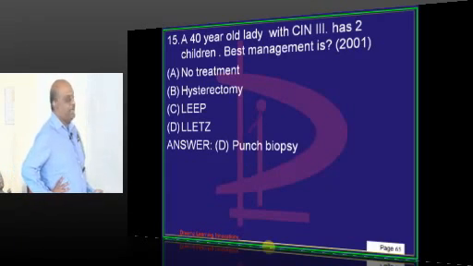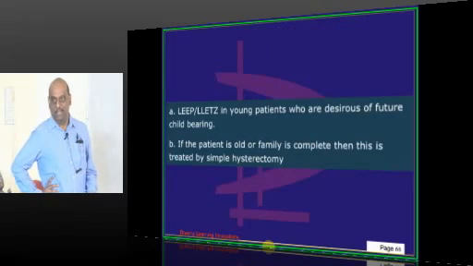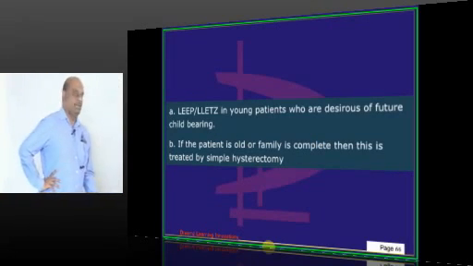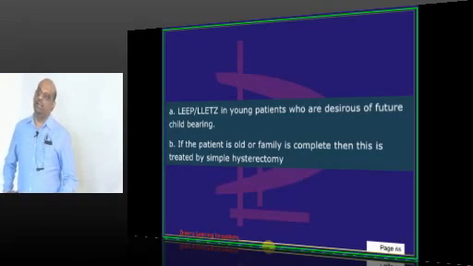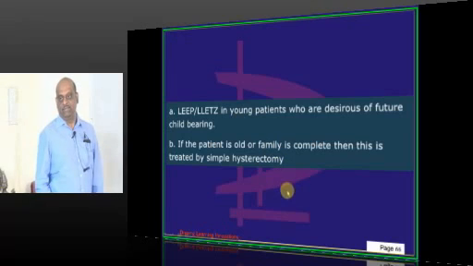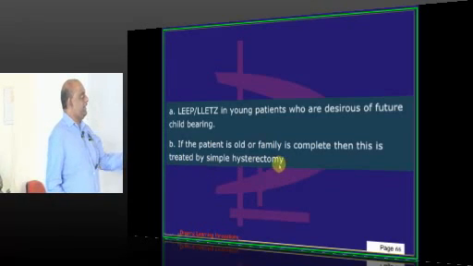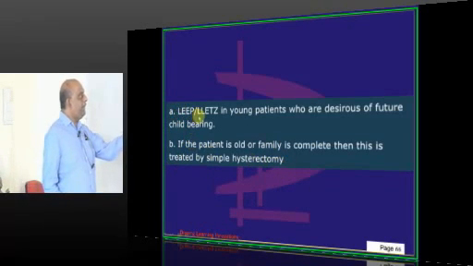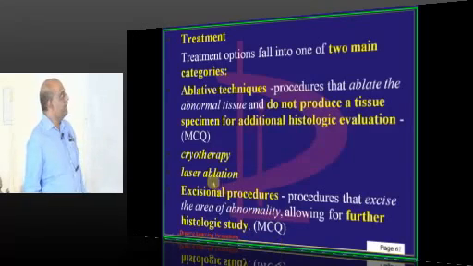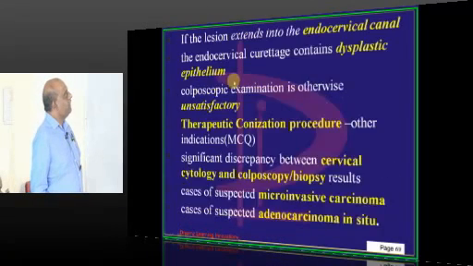But the recommendations say punch biopsy. Now, let us see what is a typical recommendation. If the patient is old and family is complete, then simple hysterectomy. You will be doing LEEP or LITS if it is a young patient who is desirous of childbearing. That is the general protocol, is what you need to basically remember.